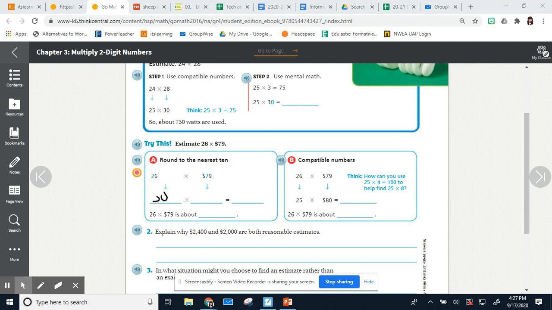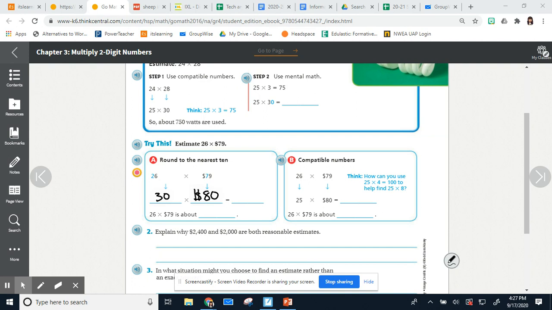Another way to think about this is, is the number you're looking at closer to the lesser 10 or the greater 10? So meaning, is 79 closer to 70 or closer to 80? Well, it's going to be closer to 80, right? It's only 1 away from 80, so that's going to round to $80.